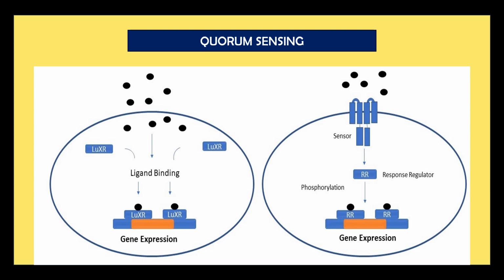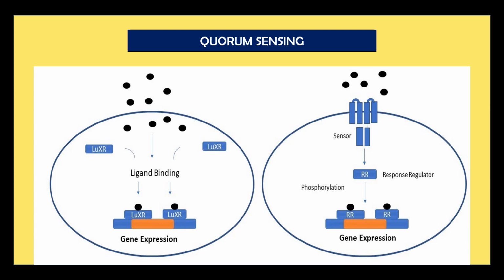Quorum sensing is the regulation of gene expression in response to fluctuations in cell population density, and bacteria that use quorum sensing constantly produce and secrete certain signaling molecules called autoinducers. These bacteria also have a receptor for the autoinducer. When the inducer binds to the receptor, it activates the transcription of a set of genes, including those responsible for the synthesis of the autoinducer itself.